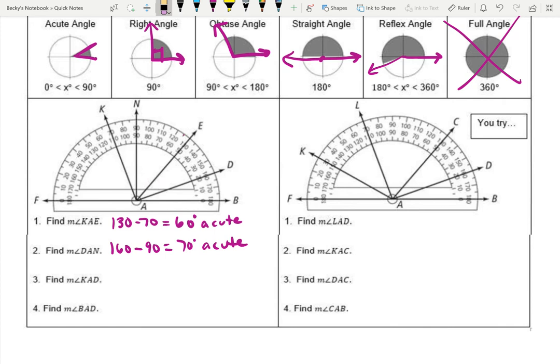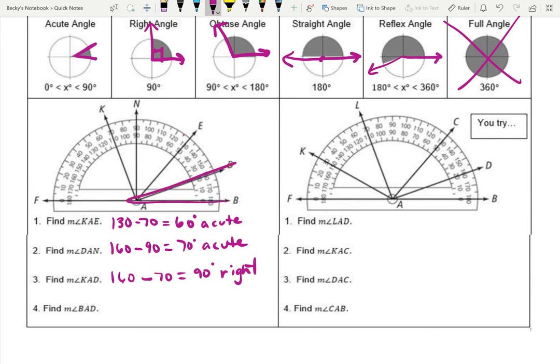All right, next up, K-A-D. I don't start at 0, so 160 minus 70 is 90. This is a right angle. Okay, B-A-D.